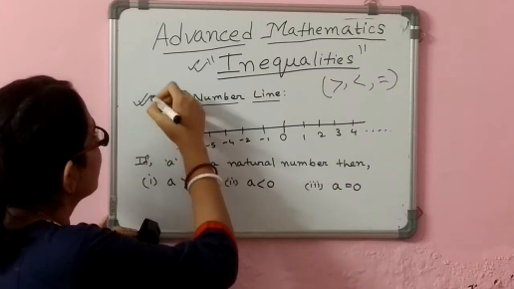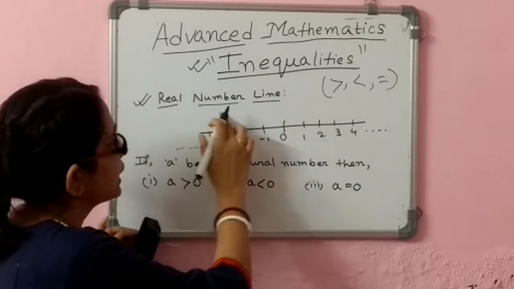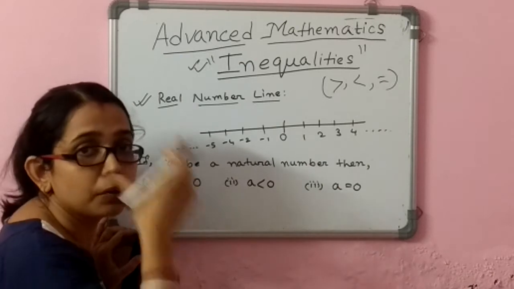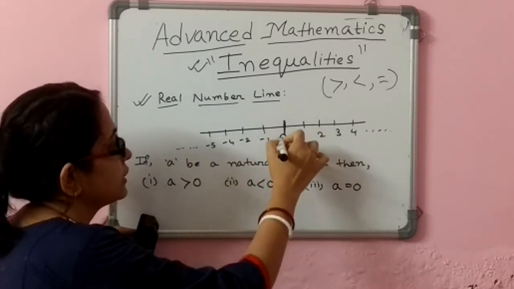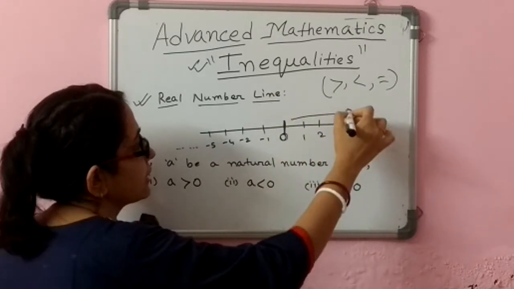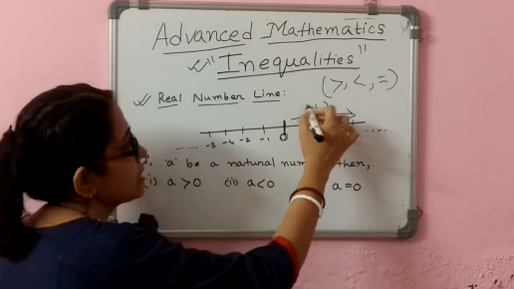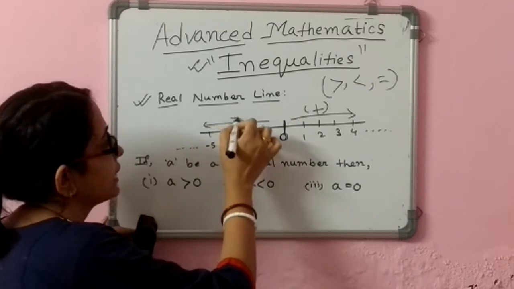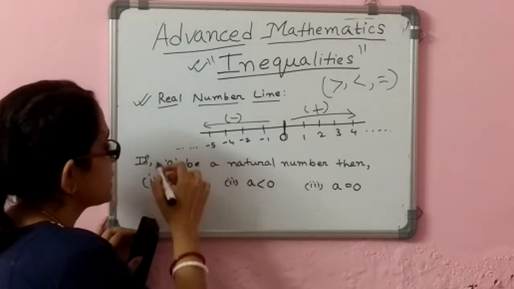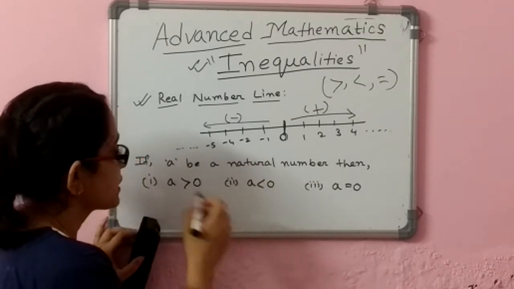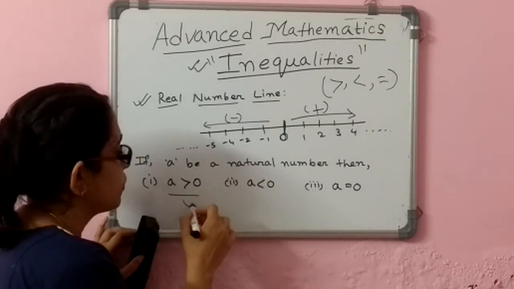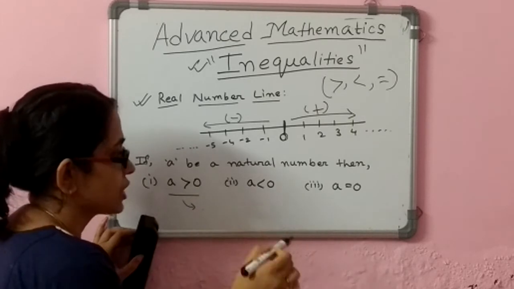So now I will draw the real number line. We everyone know what the real number line is. The mid portion is the 0. On the right hand side all are the positive numbers. On the left hand side all are the negative numbers. So if we consider any natural number, whether a, b or c, if it is greater than 0 then it will be a positive integer or positive natural number.